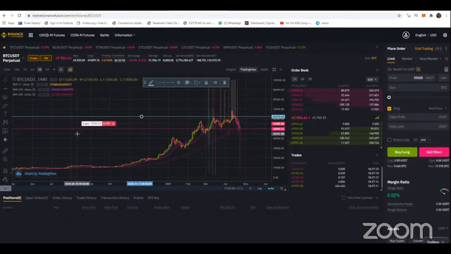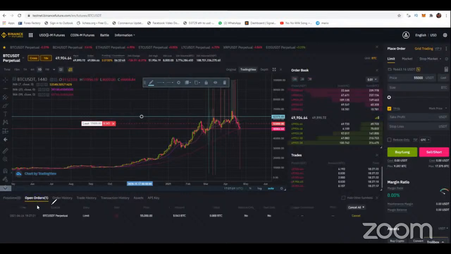Immediately we click on sell short, you can see that it is not under current positions. It is under open orders right here, and it's going to be placed on this order book pending the time price gets to that area and we are able to get a buy position that matches the sell orders we want to take in the market.